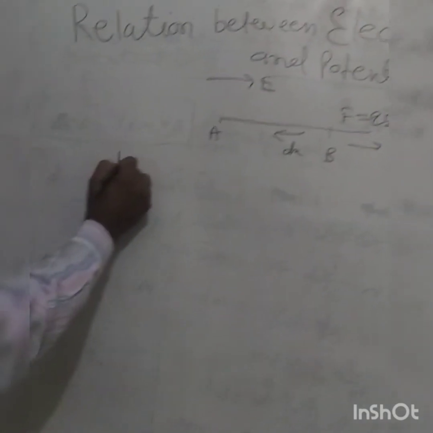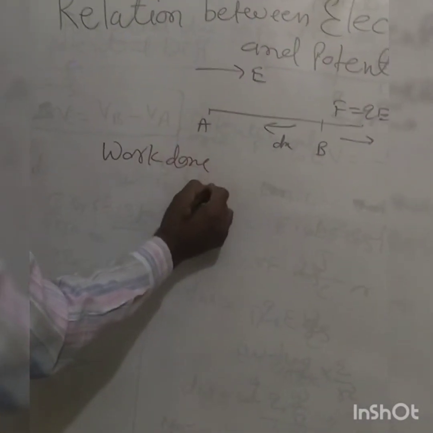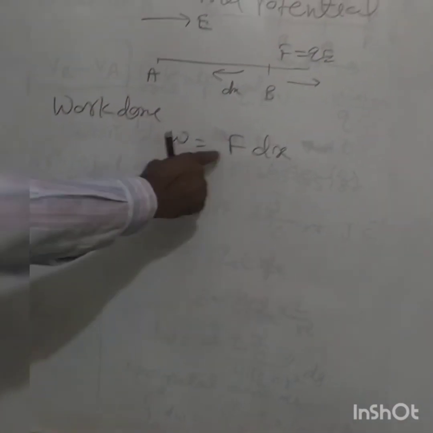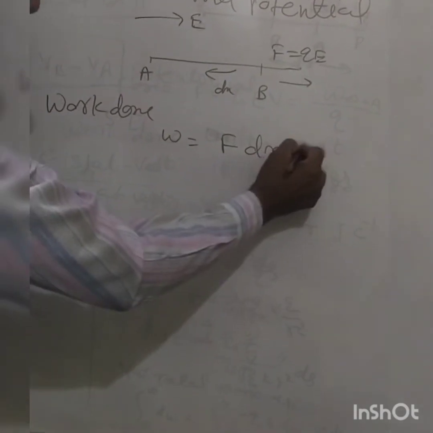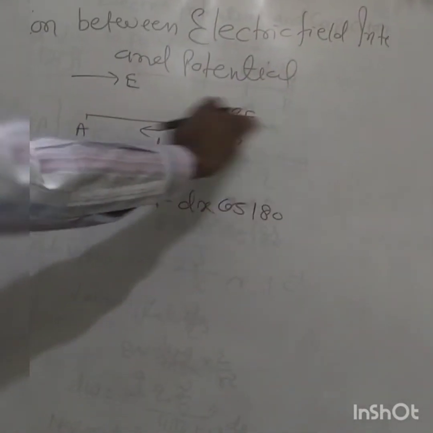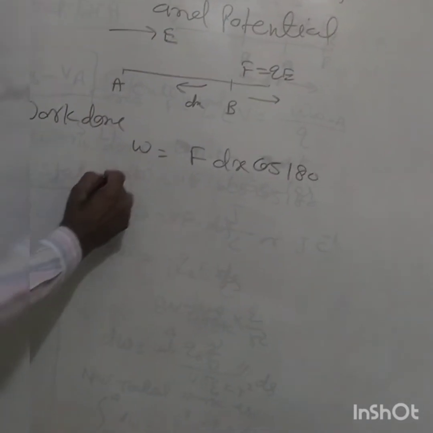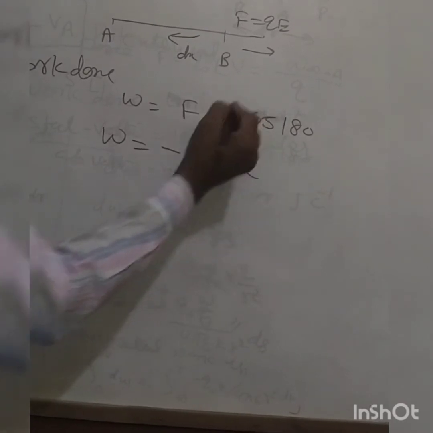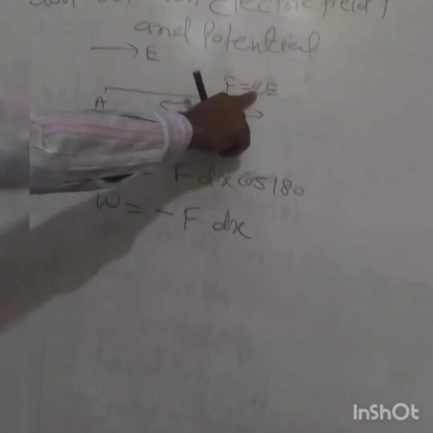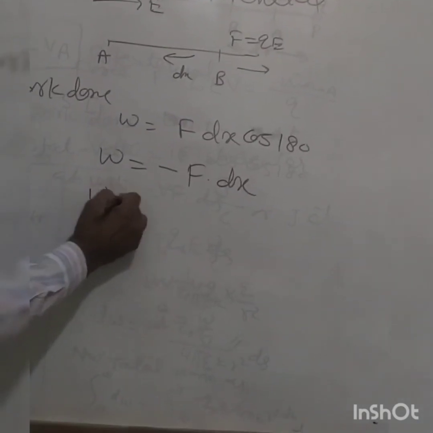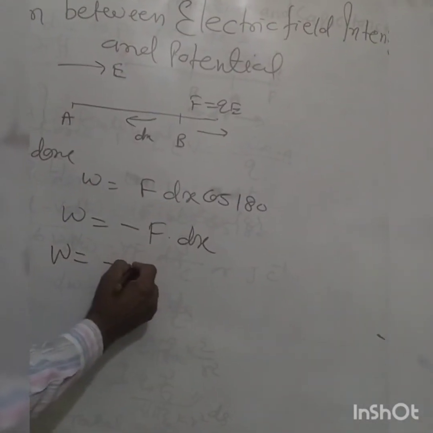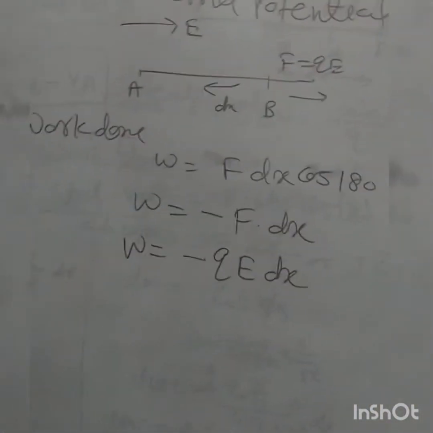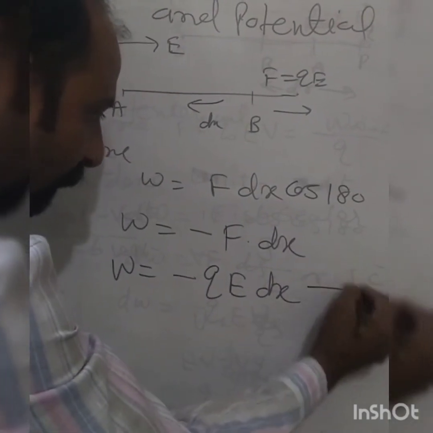Work done W is equal to F dx, force into displacement, and cos 180, because it is in the opposite direction. The value of cos 180 is minus 1, so it is minus F into dx. The value of F is qE, so putting this value, it is minus qE dx. I will say this is equation number 1.